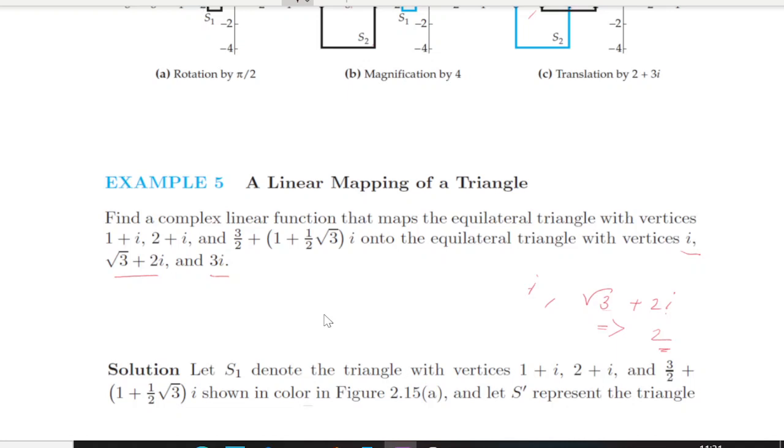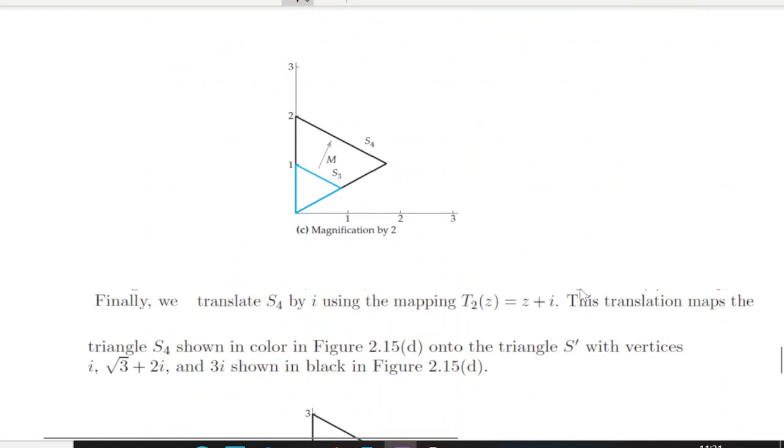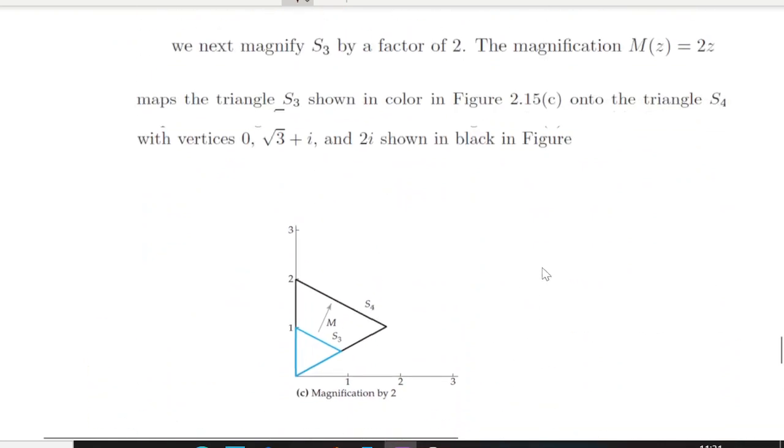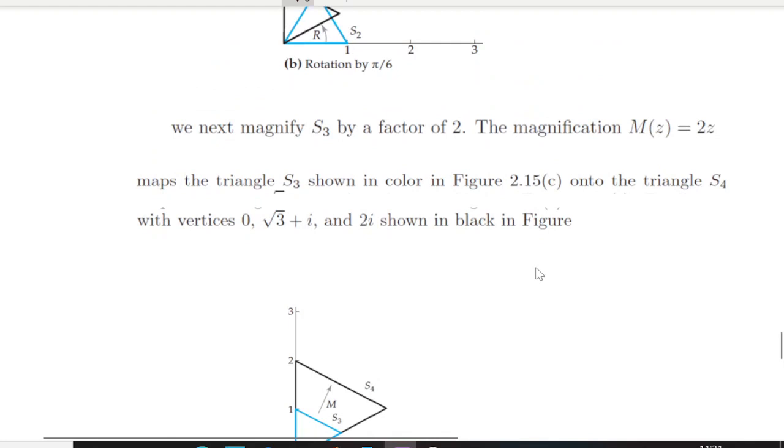3 square, right? You get 9. And this one 1, right? So like that you can easily find out the distance between these vertices. So we have seen that the required triangle is of magnification 2z.